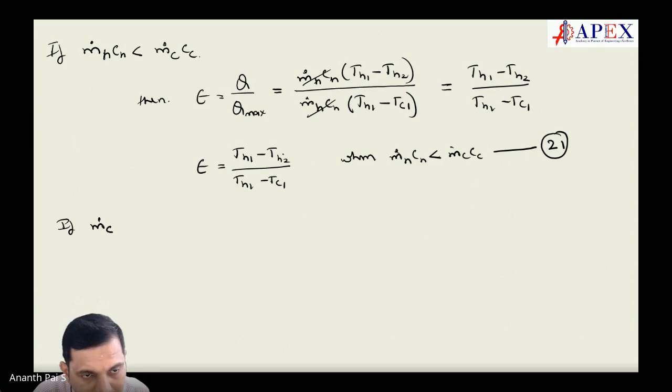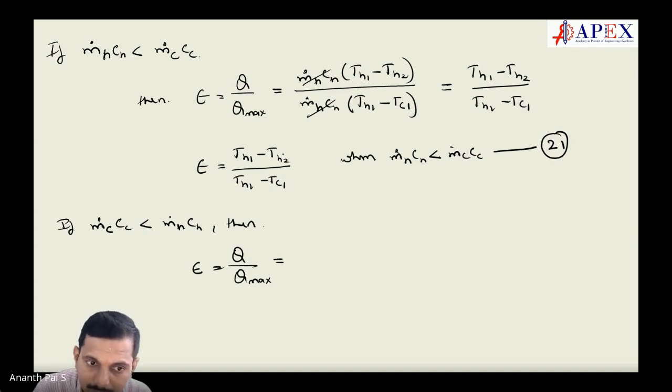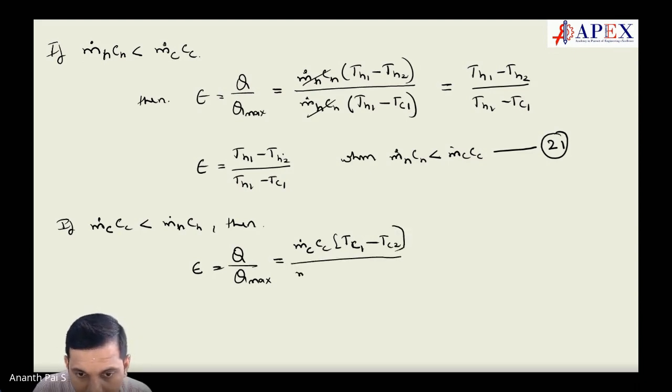Also, if m dot C C C is less than m dot H C H, then epsilon is equal to Q by Q max, which is equal to m dot C C C times (TC1 minus TC2) divided by m dot C C C times (TH1 minus TC1).